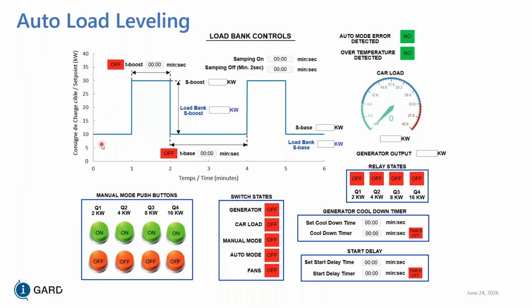So if the generator wasn't running at this minimum baseline, the load bank would turn on to increase the load so that it reaches this minimum baseline. And then every once in a while would boost up to 30 kilowatts for a short time and then come back down just to decarbonize the output. Again, it was their design. We just complied.